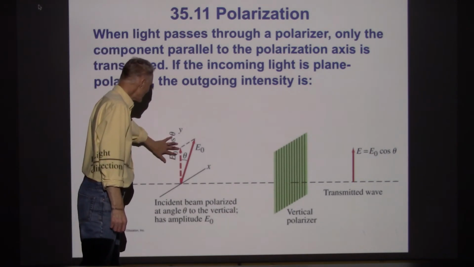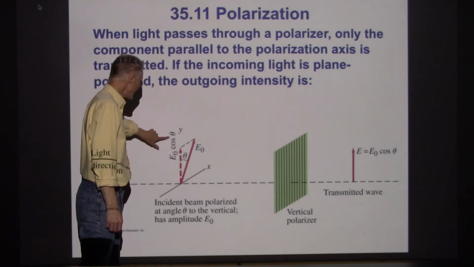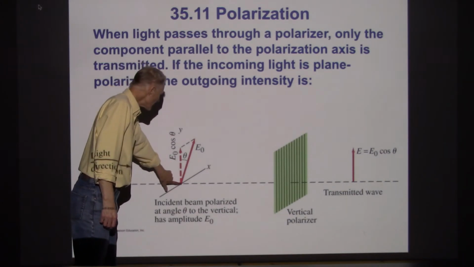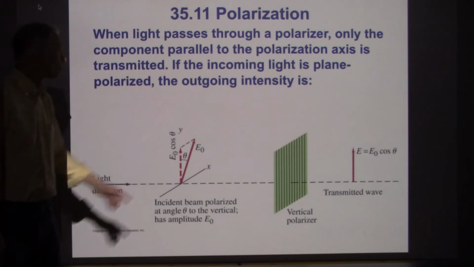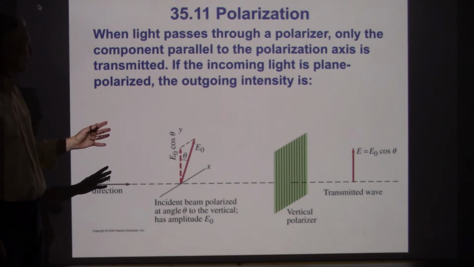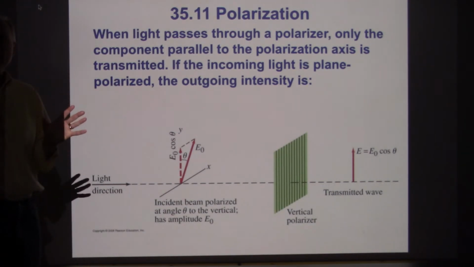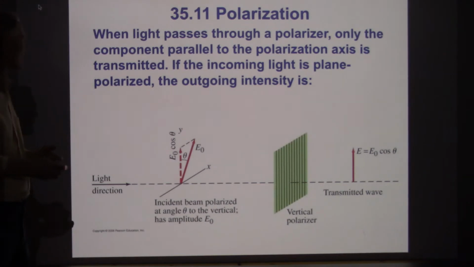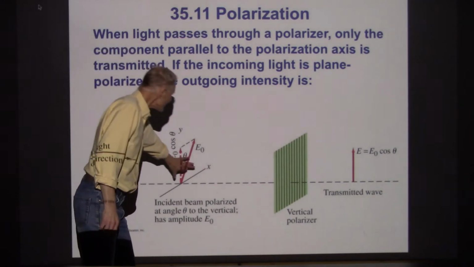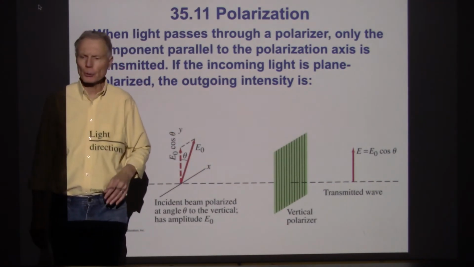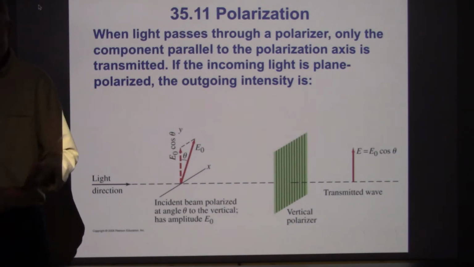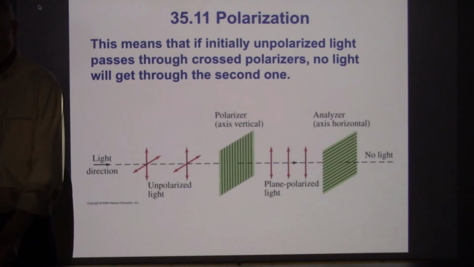There's going to be an E cosine theta component in the Y, and an E sine theta component in the X. That's a vertical polarizer, and the polarizer only allows vertical light to pass through. So the X component of the electric field will not pass through, and all we're going to get out of that is a cosine theta component.